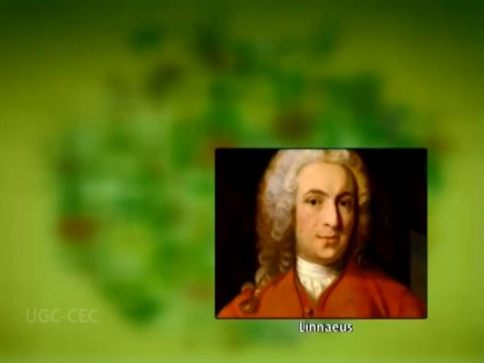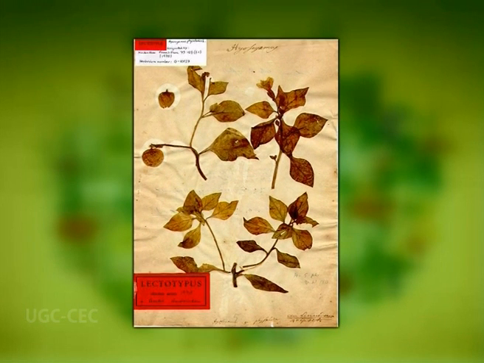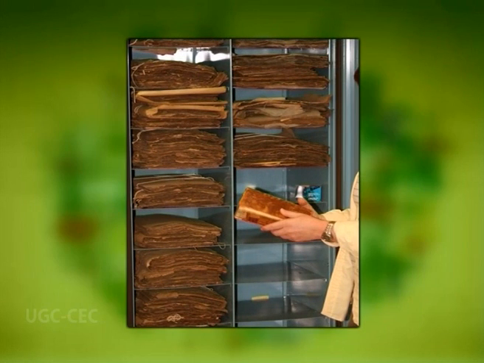Herbarium making was a well-known practice even during the time of Linnaeus. Linnaeus is considered to be the father of taxonomy. Linnaeus, in fact, mounted the dried specimens on single sheets of standard size and stored them horizontally, almost similar to the practice what is followed these days.